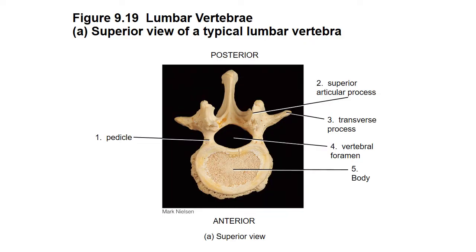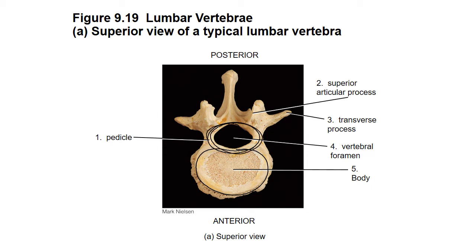Next slide. Here's a lumbar vertebrae. You can notice that the body is much more prominent. You still have a vertebral foramen because you still got spinal cord going through there. But it stops being spinal cord and starts being actually individual fibers going down there, so it doesn't have to be quite as large.